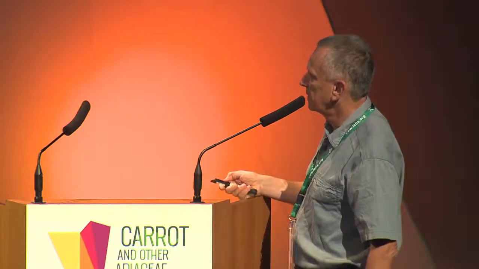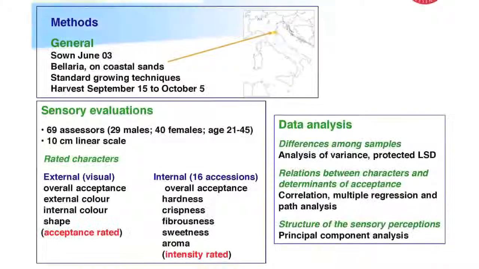Here is some information about the trials. Going to sensory evaluation, 69 assessors evaluated the external and internal characters, but this only on 16 out of 20 accessions, because for 4 of them in the end we didn't have enough material for evaluation.